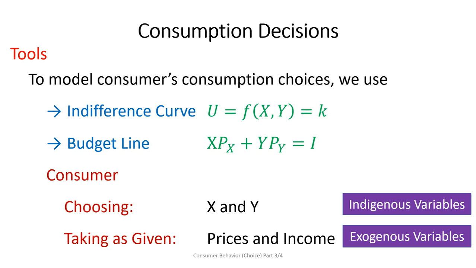Therefore, the quantities of X and Y are endogenous variables and the prices and the income are exogenous variables of this model. Now we see how a change in exogenous variables changes the consumer choices.